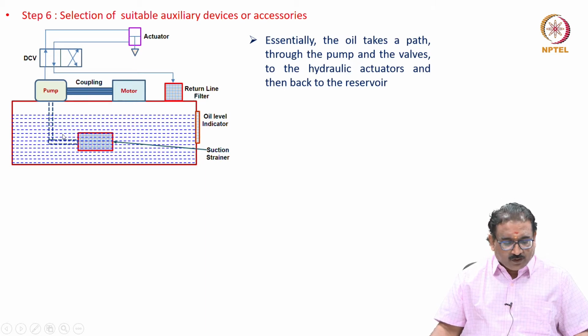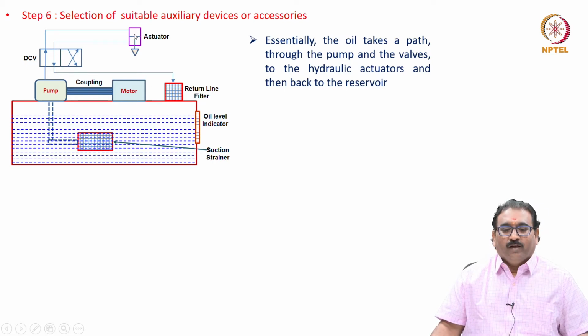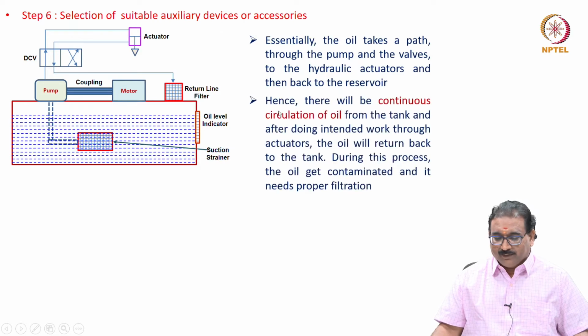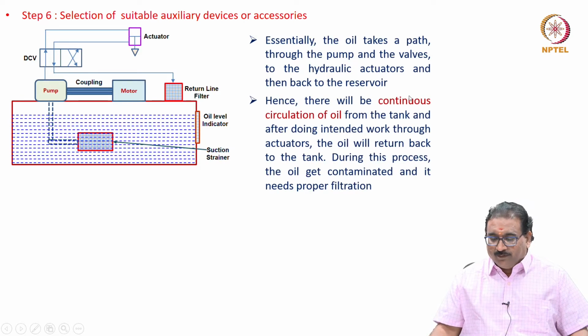You will see, friends, always the pump sucks the oil from the tank and sends it through the direction control valve then to the actuator. After doing the work, the oil will return back to the tank. Hence, there will be a continuous circulation of oil from the tank, and after doing the intended work through the actuator, the oil will return back to the tank.